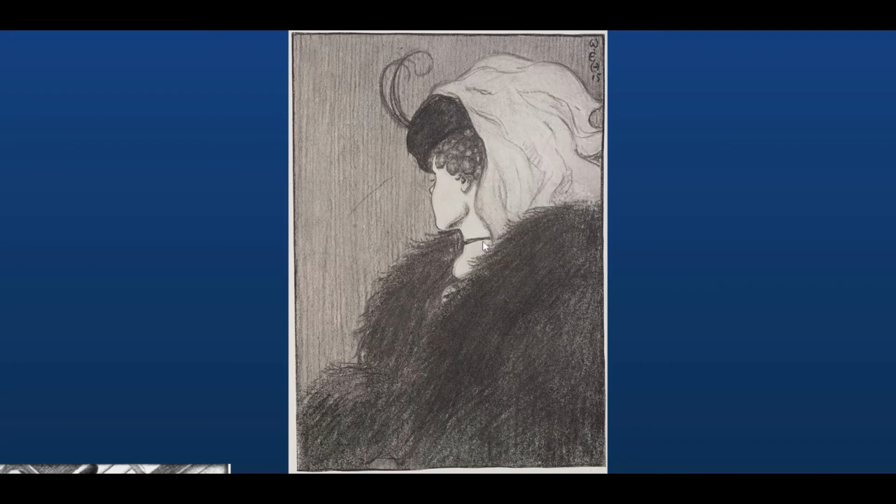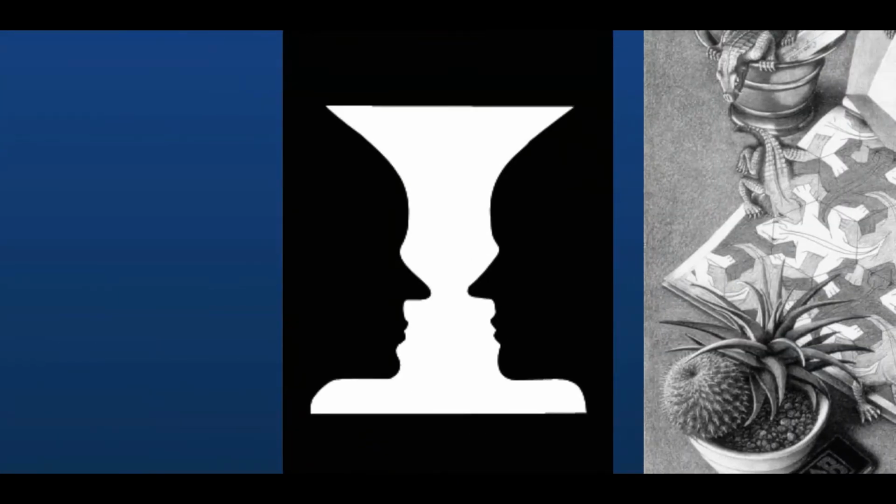She has a necklace on. Now, if you're looking for the old woman, this whole entire thing is her nose, her eye, her upper lip and her mouth, and her kind of pointy chin. Might need to pause if you don't see both. Here we have a vase or two faces.